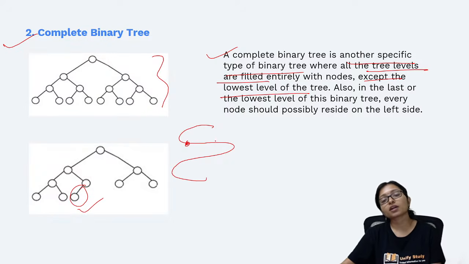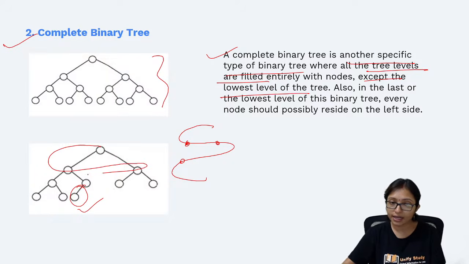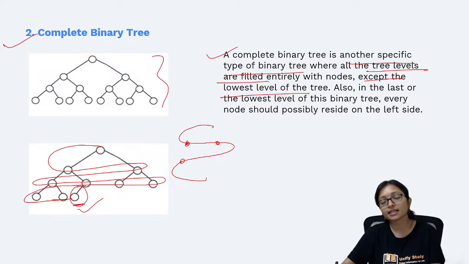First you complete the left, after that the right, then again left, then right. That's why you can see this pattern is completed here, this level is completed. After that I come to this level, and in this level it is not completed. That's why it is a complete binary tree.